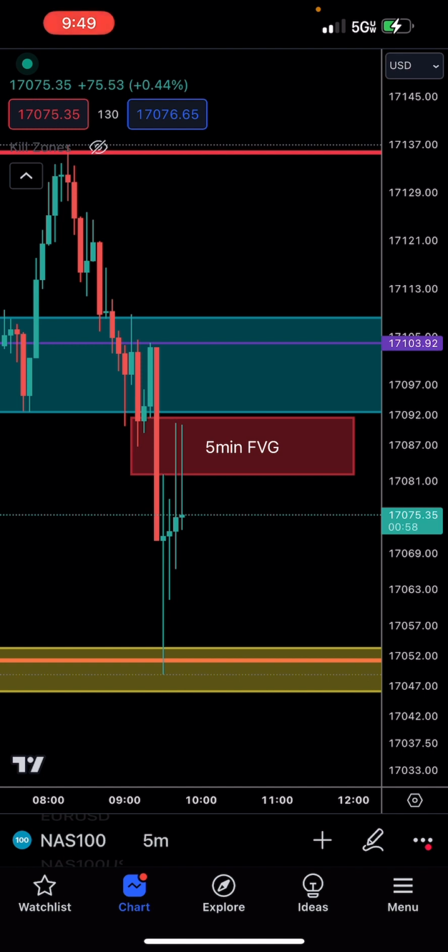This 5 minute fair value gap is looking pretty strong right now. I still want to wait. I still want to have patience.